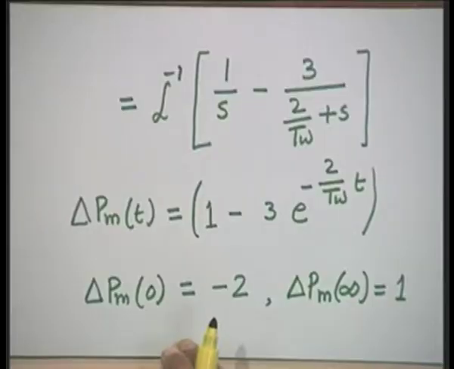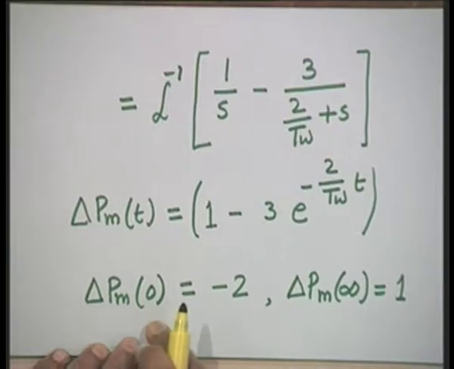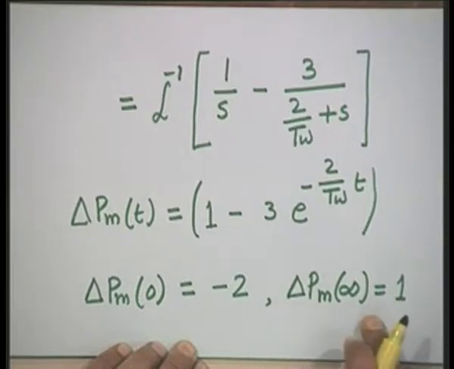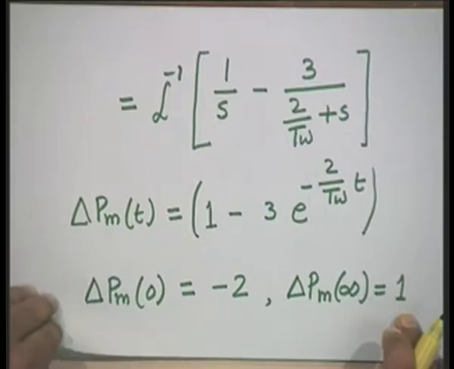Now, here we find that at time t equal to 0, when I give a step change in valve position, then immediately the change in mechanical power is minus 2. We have given a unit step input, but the output is negative and it is as high as minus 2, and under steady state condition the output is same as input. Now, this is the main special characteristic of the hydro turbine.